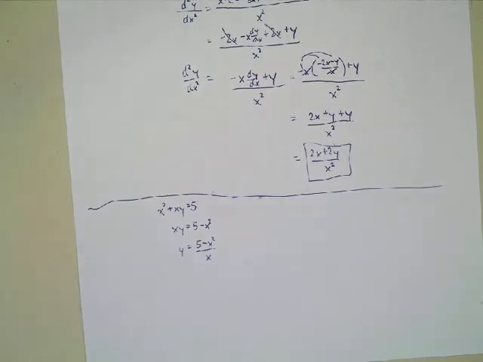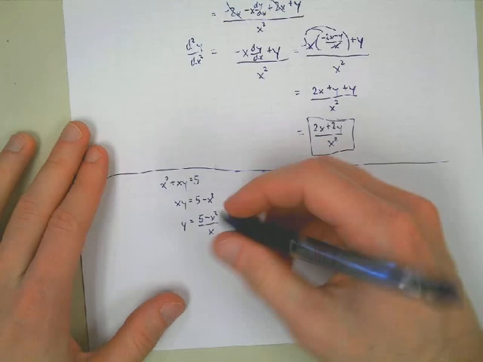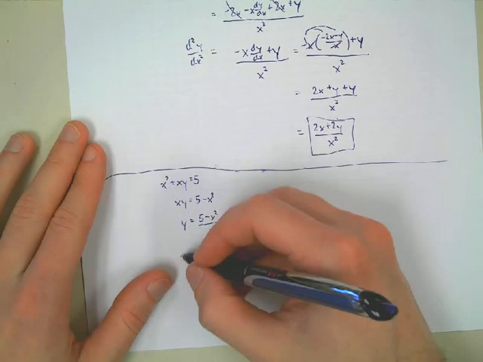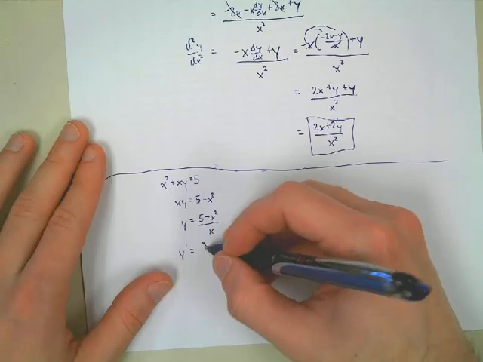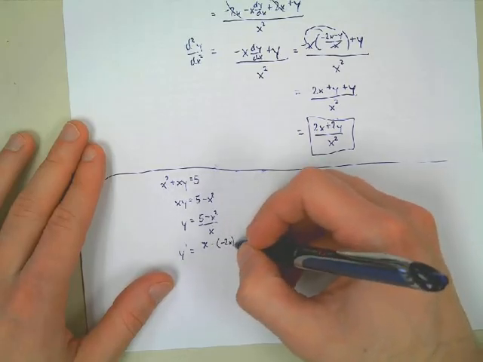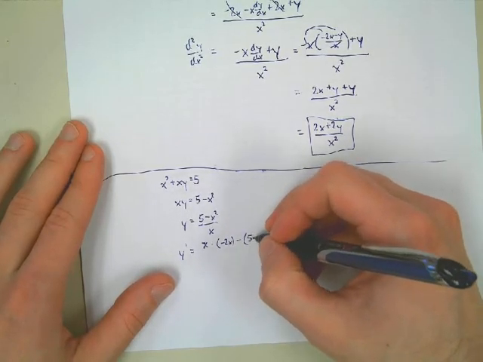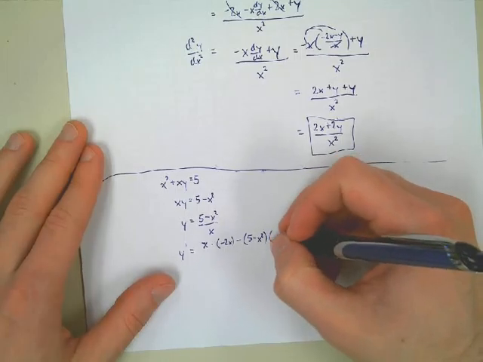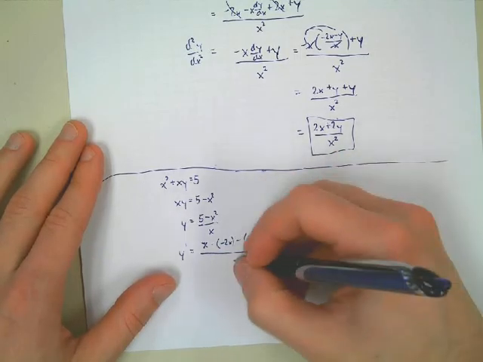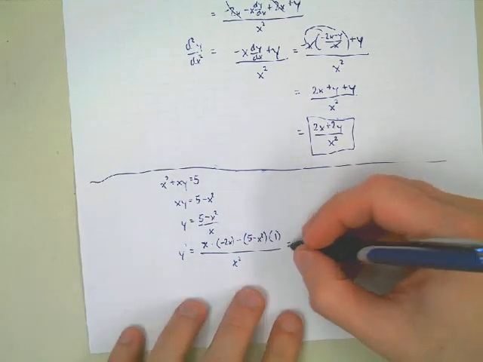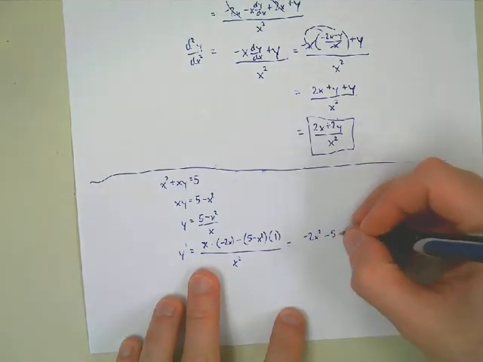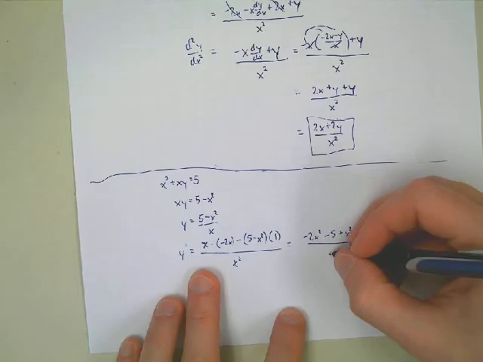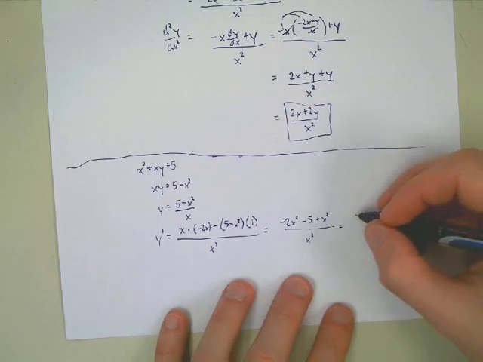So to take the derivative here, we have to use the quotient rule, right? So it's y prime equals the bottom times the derivative of the top minus the top times the derivative of the bottom all over the bottom squared. And then look, it's the same thing we had. Negative 2x squared minus 5 plus x squared all over x squared, which is negative x squared minus 5 all over x squared.